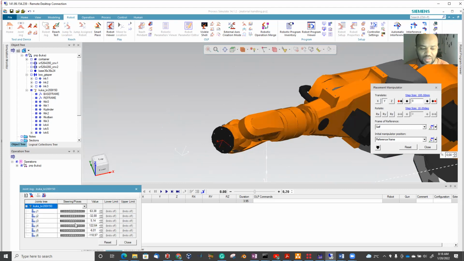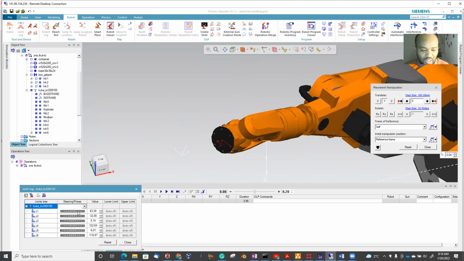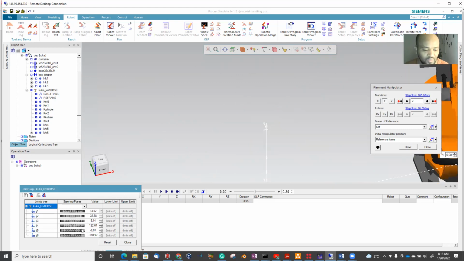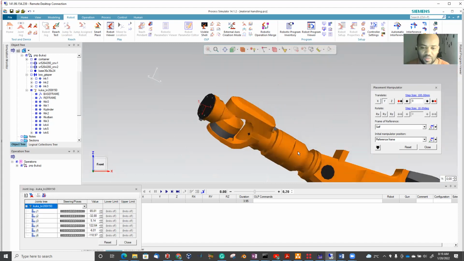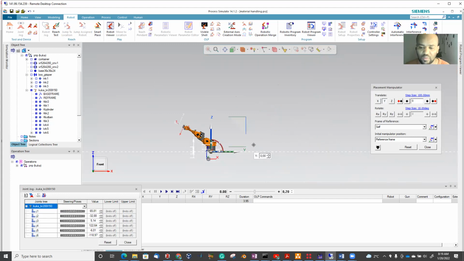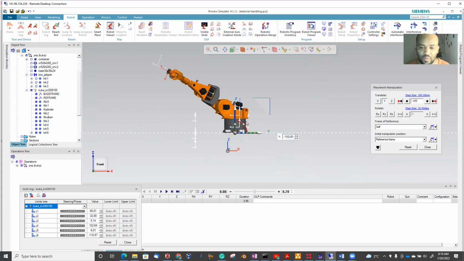Axis of link means along the link. We assign the x component.